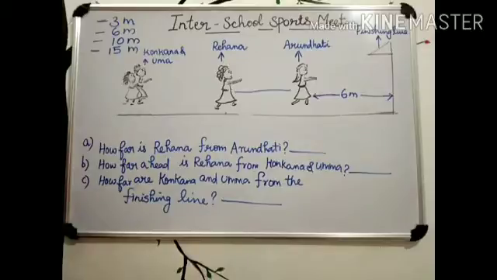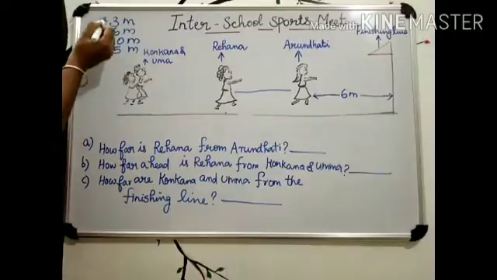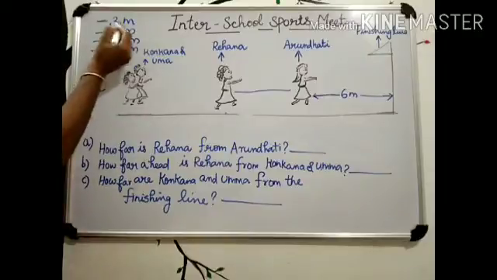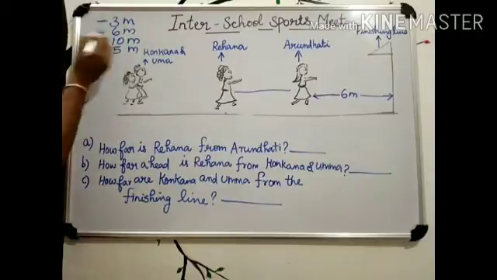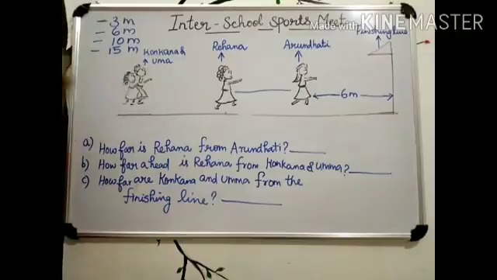So to find out that answer, what do we do? Think. Did you get the answer? Yes or no? Which distance can we select from these: 3 meter, 6 meter, 10 meter or 15 meter? Which distance can you select?